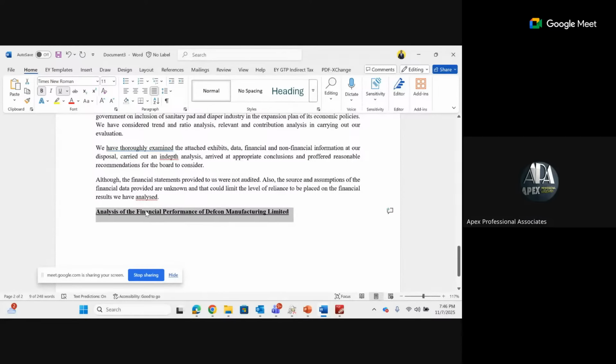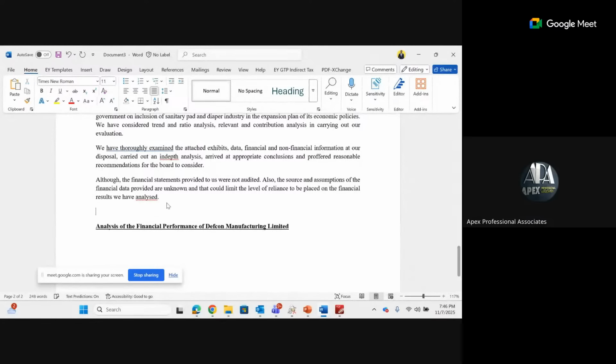So we are now in the body. We are starting the main analysis, the body of the report now. And you are not writing "body of the report." No. You are not doing this. Just start with a header.